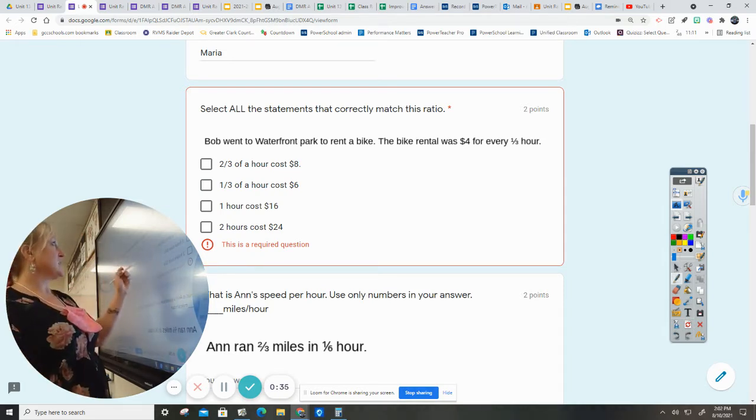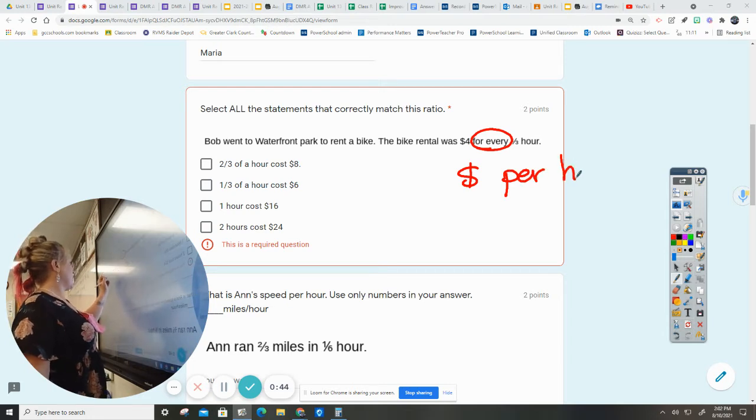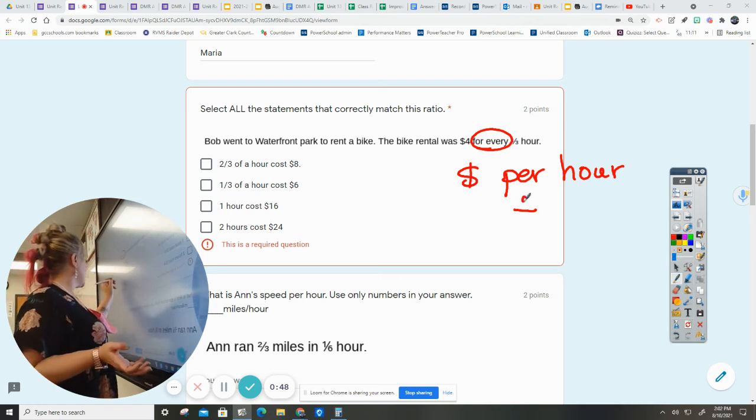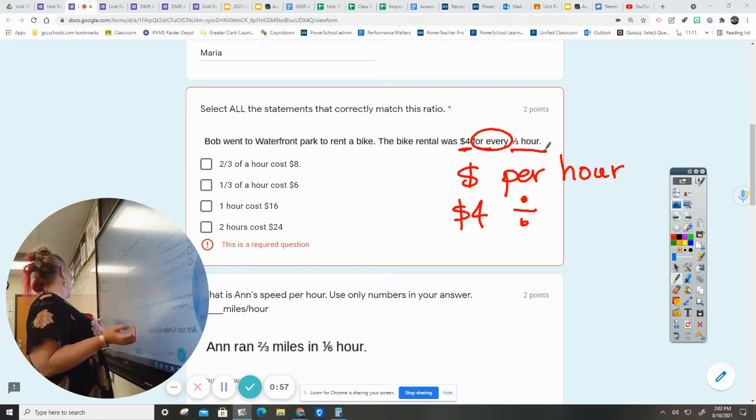So if I'm looking at this, I need to figure out what the per is. So for every 1/3 hour, it'll be money per hour. Okay, so since I have per hour, I'm going to put the division sign here. Put the money first. So 4 divided by 1/3 of an hour.